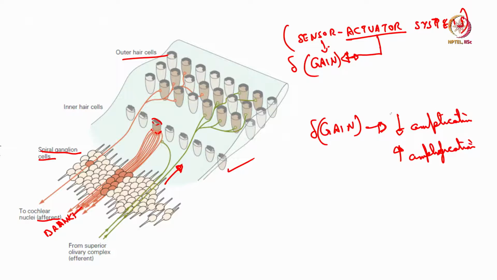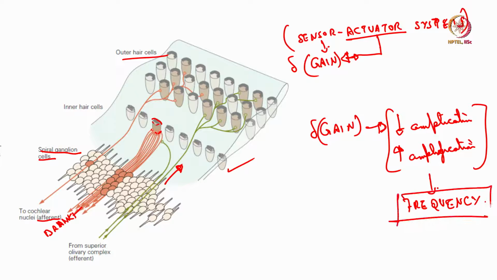What I mean is amplification of a specific frequency. These things can change the sensitivity of these cells, and you can change the information which is coming back into these neurons over here.